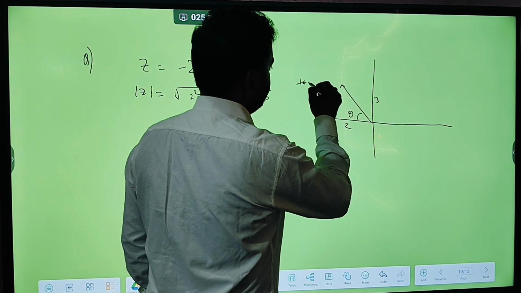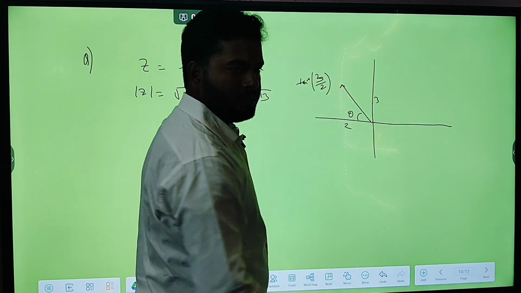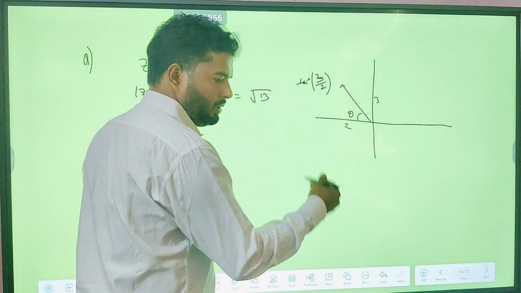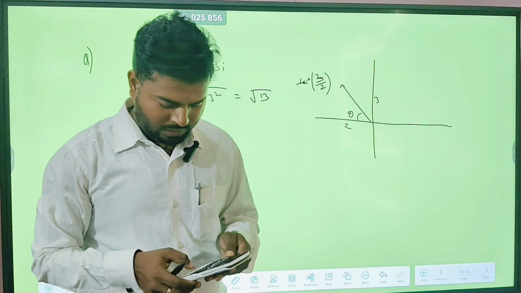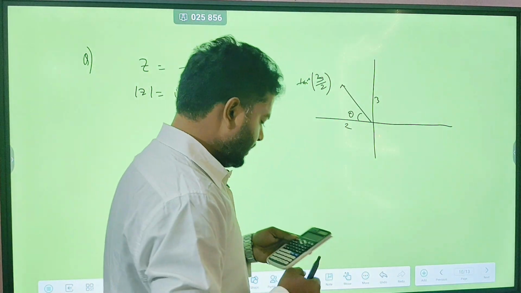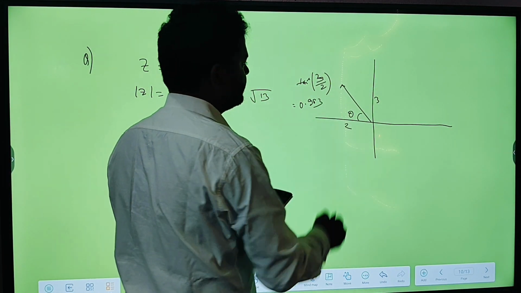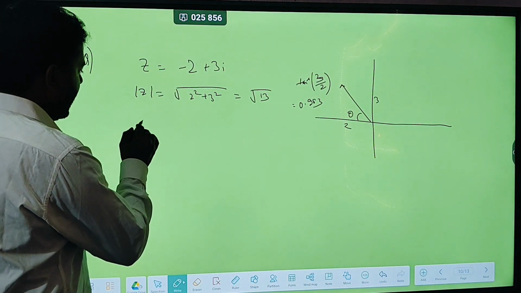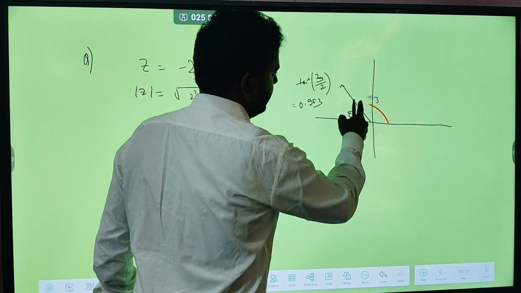This angle will be tan inverse of 3 by 2. Don't take the sign, don't write 3 by minus 2. If you do shift tan inverse 3 by 2 in the calculator, it's coming as 0.983.